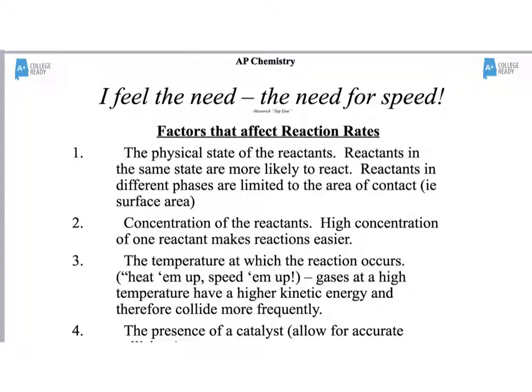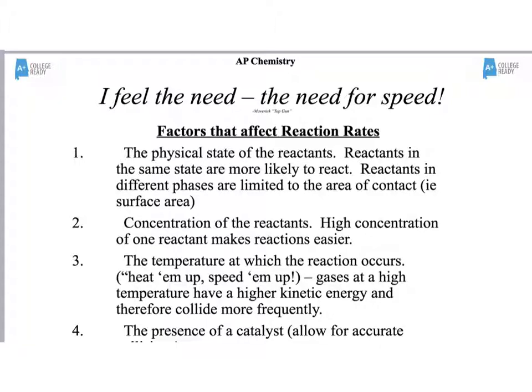So the physical state of the reactants, if the reactants are in the same state, they're more likely to react. So reactants in different states are limited to their area of contact or their surface area. The concentration of the reactants. If you have a higher concentration of reactants, they're more likely to interact.